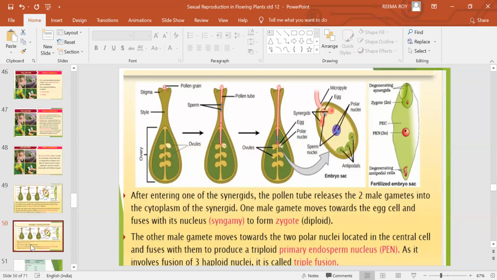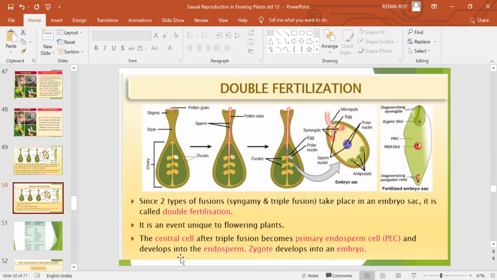Great. Good enough? Since two types of fusion, that is syngamy, which is with the egg, and triple fusion, which is with the central nuclei, take place in an embryo sac, it is called what? Double fertilization. It is an event unique to flowering plants.